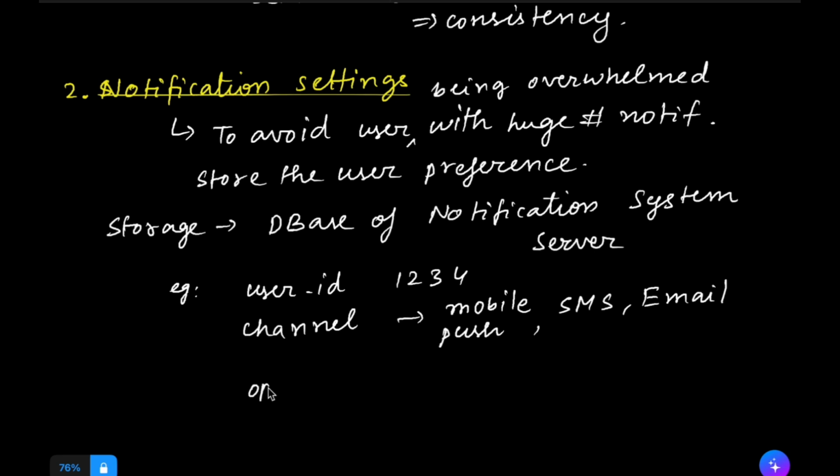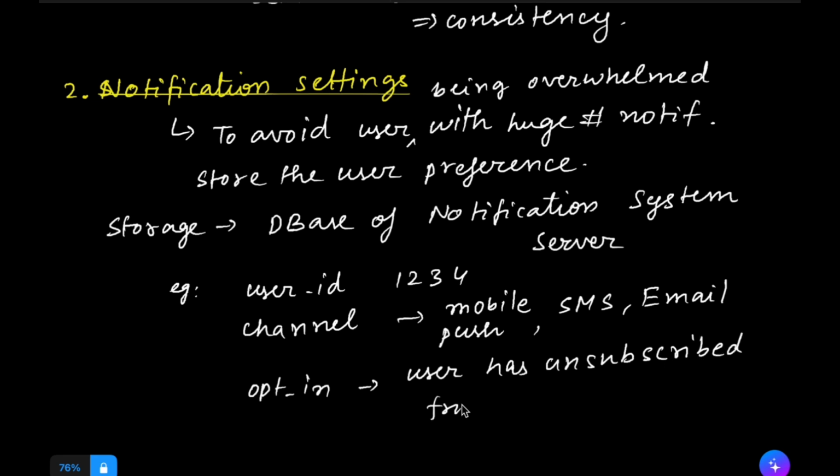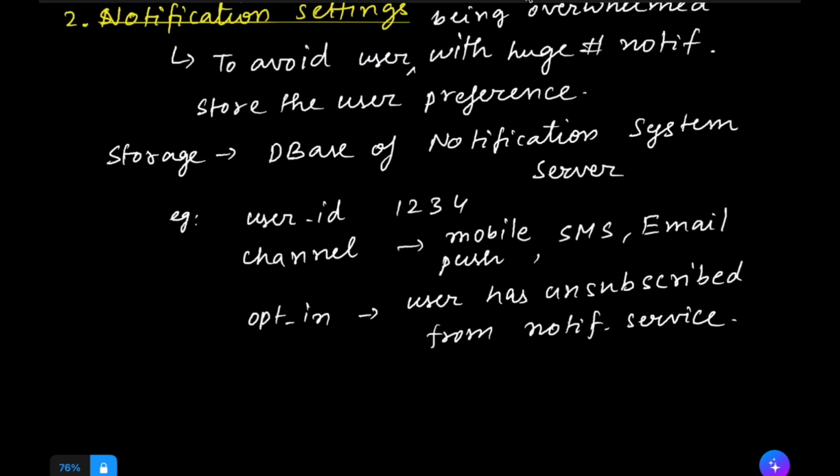And the last is opt-in or opt-out, whether the user has unsubscribed from the notification service or not. Depending on their preference, the notification is sent accordingly. So this is an example of how notification settings are stored in the database of a notification system server.